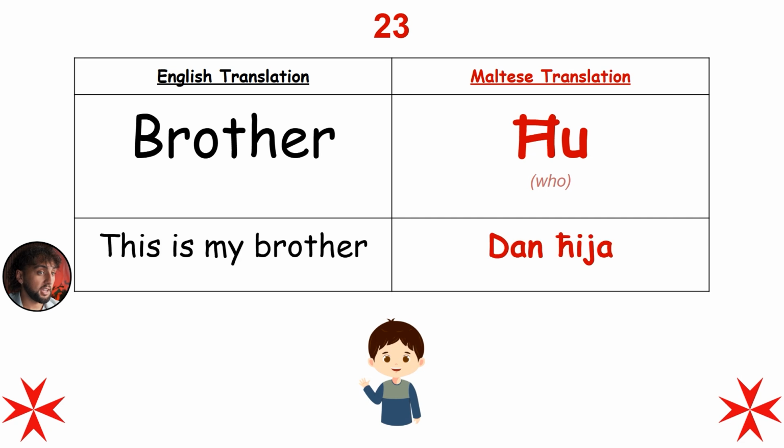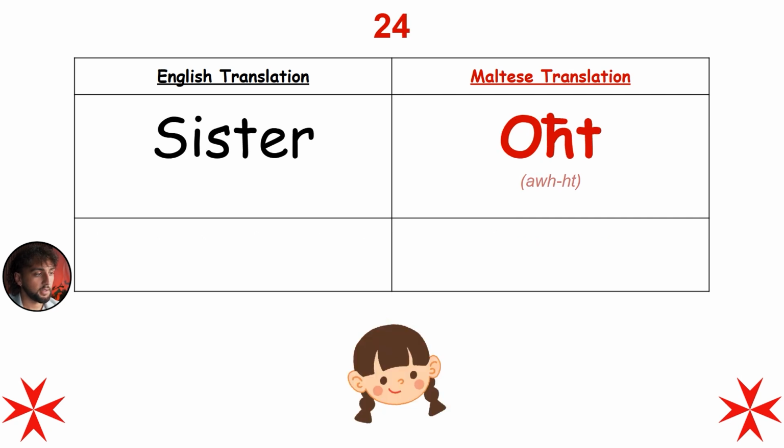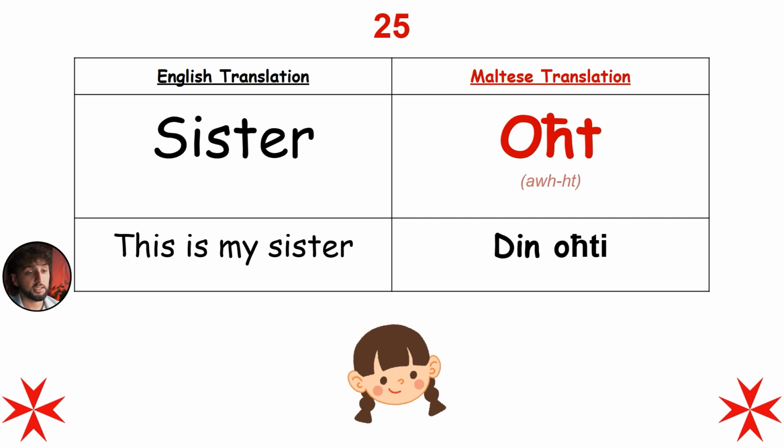And dan chia, meaning this is my brother. Okay, next. Sister is ocht. And to say this is my sister, we say din ochti.